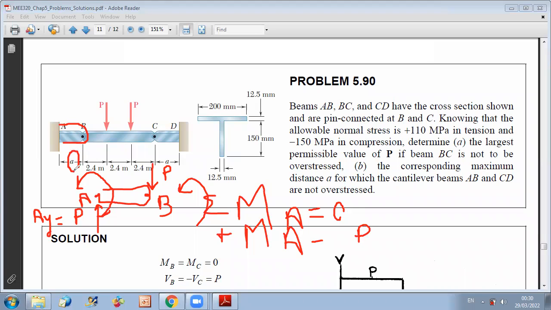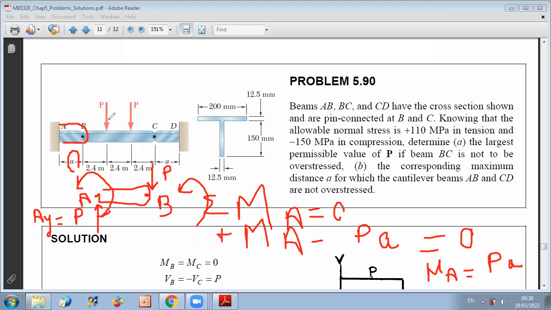This distance is A. So minus P times A equals 0. So the reaction moment at the fixity MA is equal to P times A.